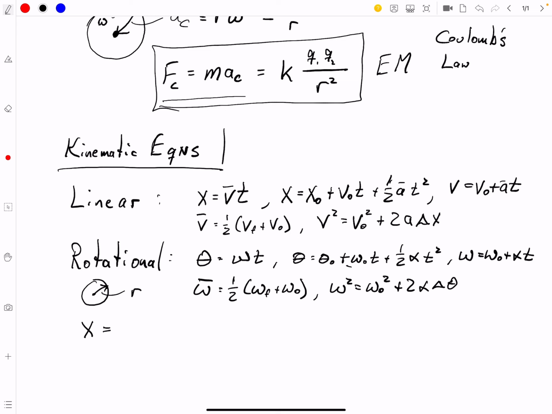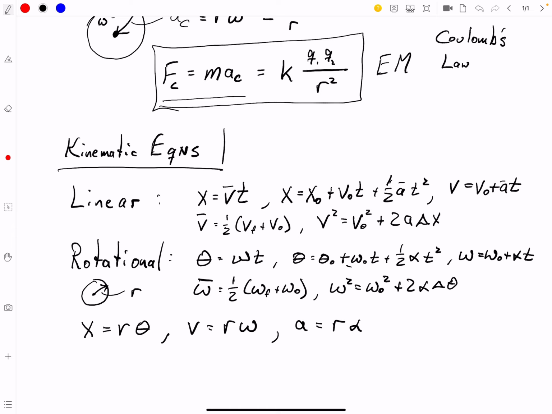To get us from rotational to linear, we use these equations. So x equals r theta. We use v equals r omega. And a equals r alpha. And that gets us back and forth between them.